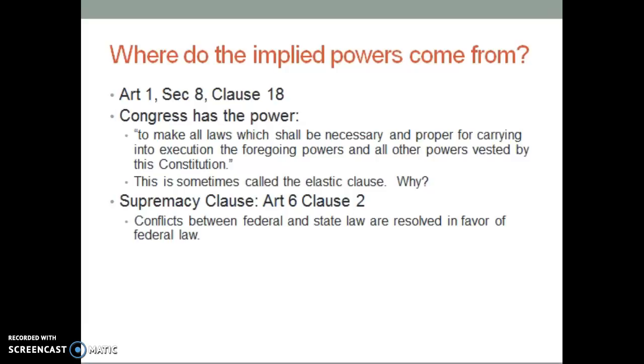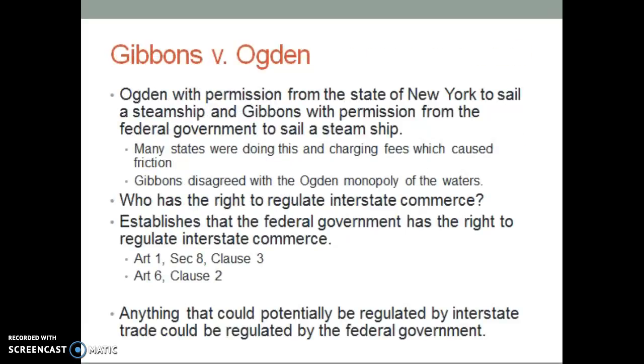The supremacy clause makes it so that when governments are in question, or our defendants have a stake, I think would probably be the way to put it, in the case, then the federal government will oversee that case, and that's why the federal laws reign supreme. So those are two big implied powers that come from the Constitution.